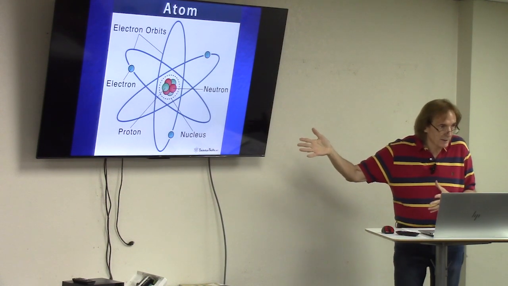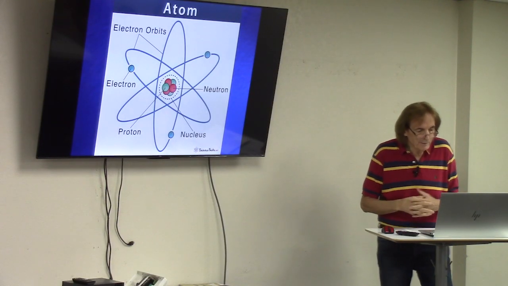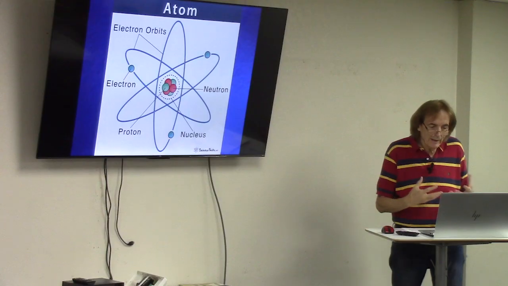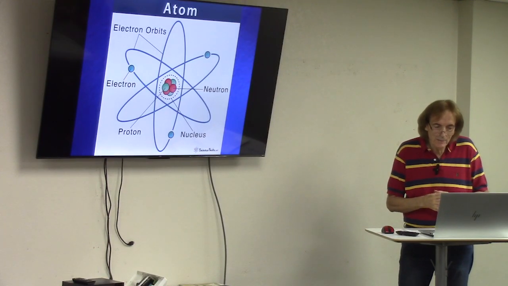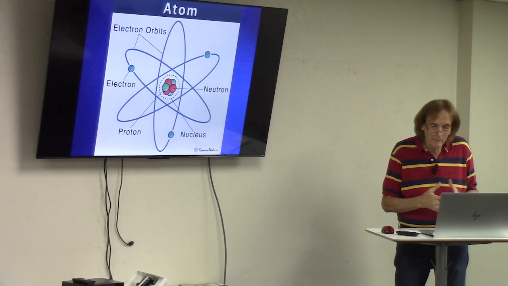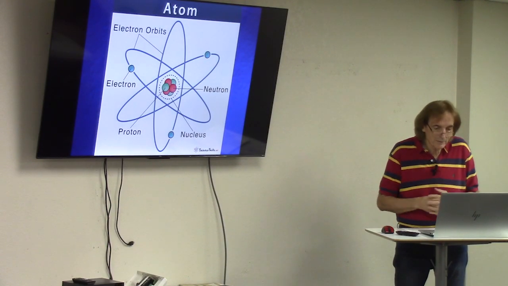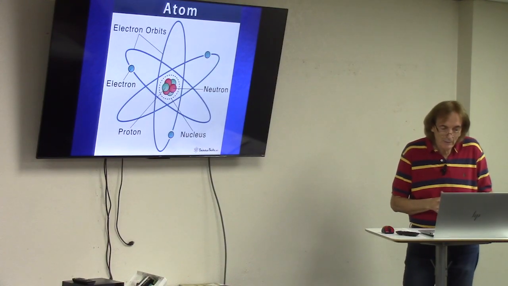It would never make sense to show it the way it really is. So think about the scale of this. The atom is about 10,000 times larger than the nucleus, which basically means that most of the atom is actually empty space. That's why they can be compressed a little bit, but most of it's empty space.